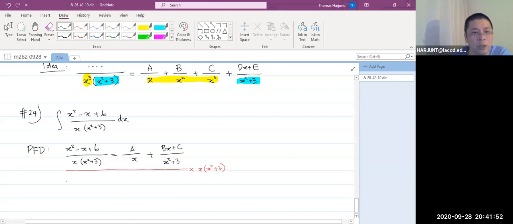That will give me x squared minus x plus 6 equals a times (x squared plus 3) plus x times (bx plus c).